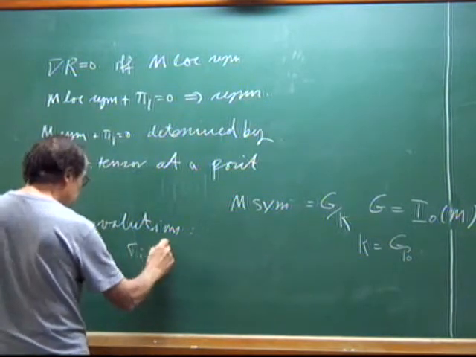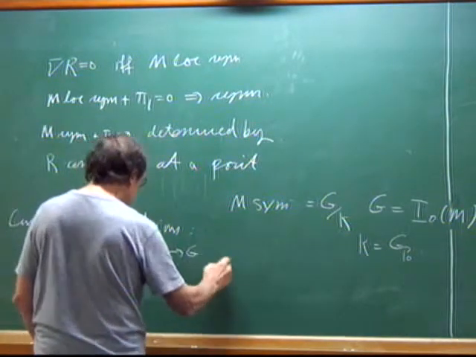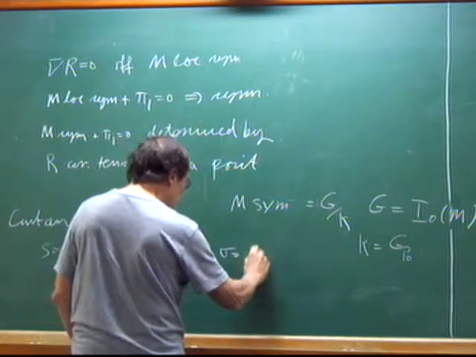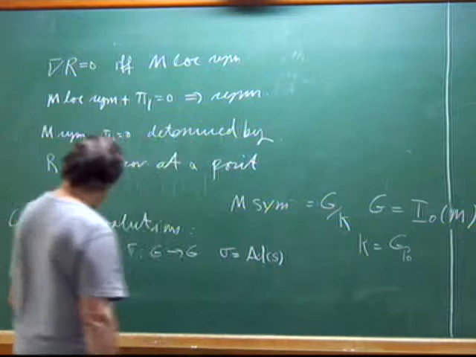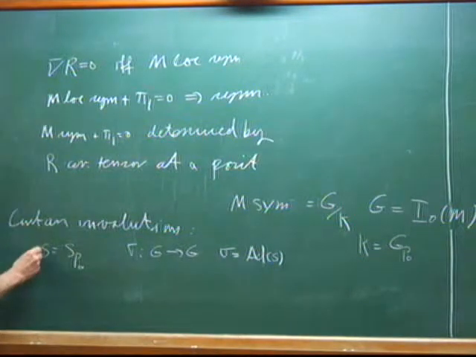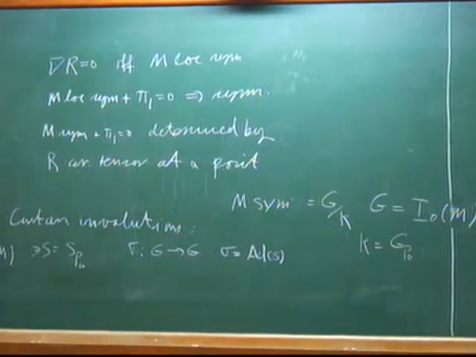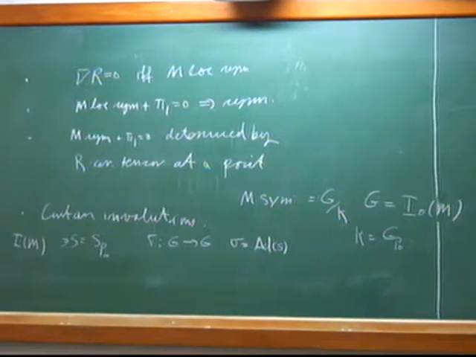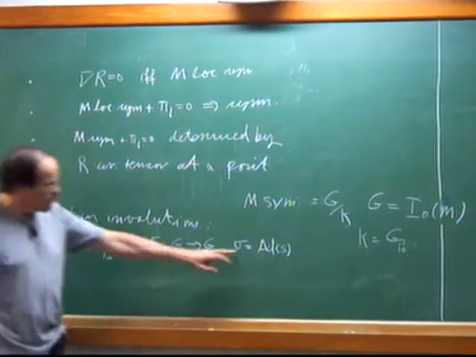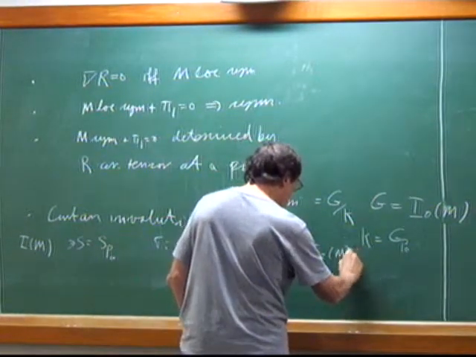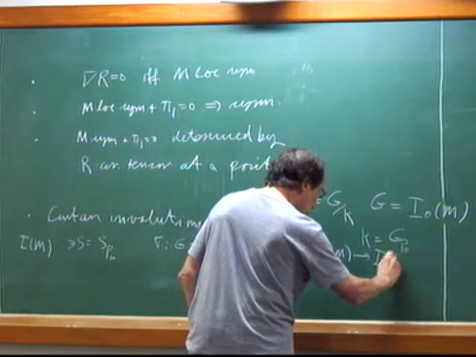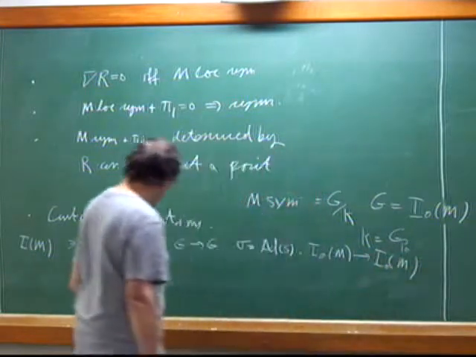And then we define an automorphism sigma from G to G, which was conjugation by the symmetry S. Right, S is an element of the isometry group, not necessarily of the identity component, but this preserves the identity component. So I can regard it as an automorphism of the group G itself.